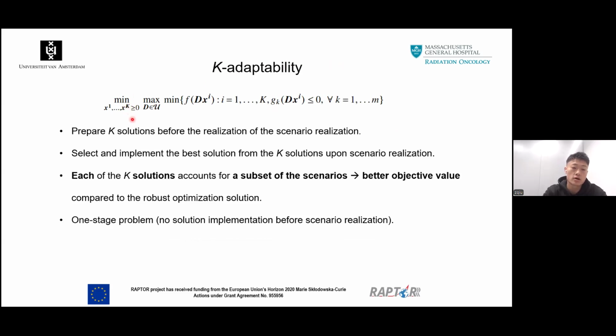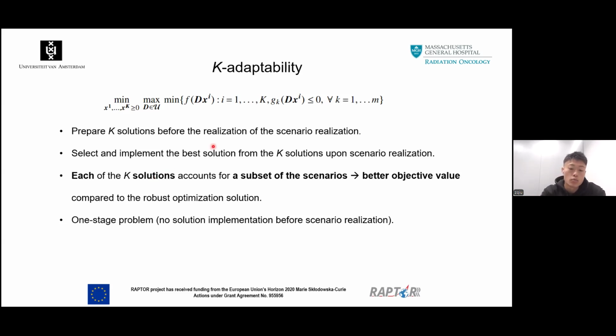So instead of preparing one solution to account for the entire uncertainty set, we would like to prepare K solutions. And each of the K solutions accounts for a subset of the scenarios.